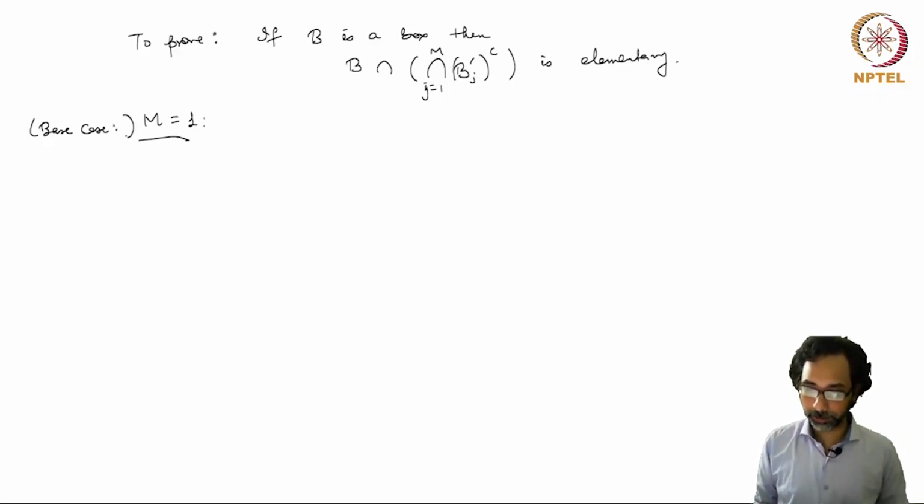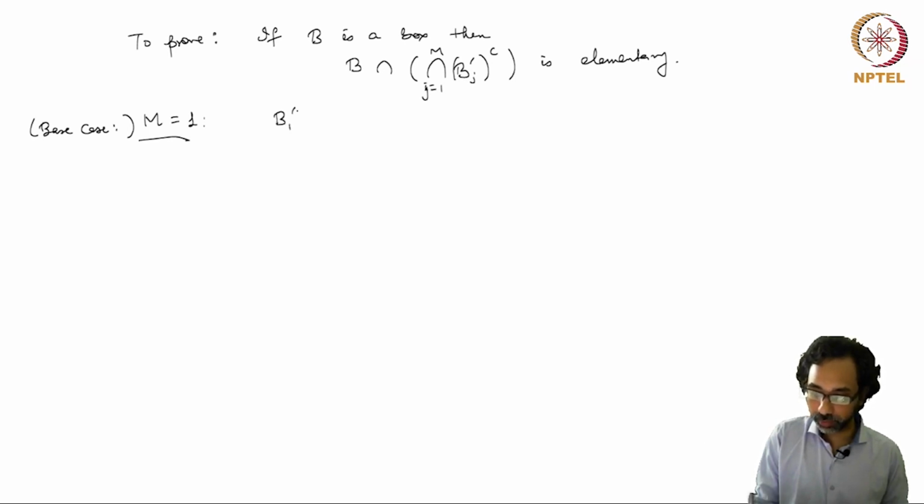So to show this for m equal to 1, suppose that B1 prime is a box.